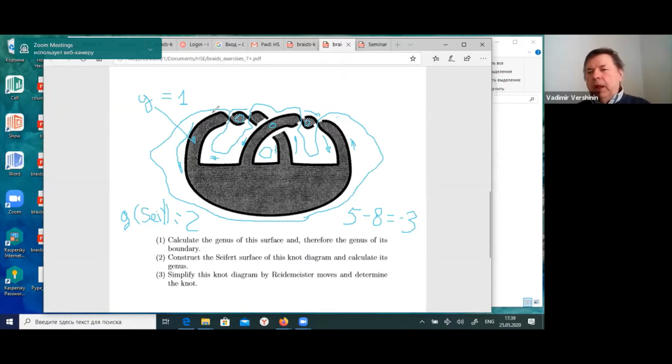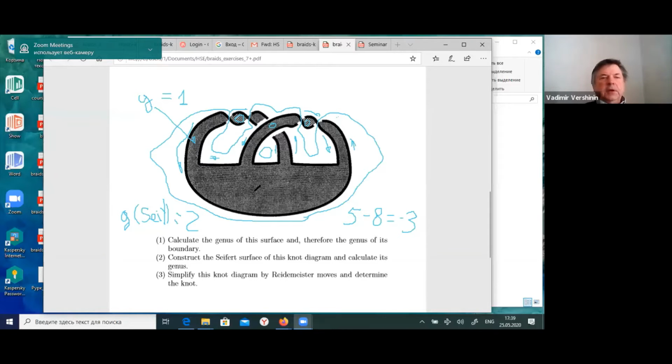So this gives us the essential remark that the Seifert surface in this case essentially depends on the diagram and the construction which follows from the diagram.